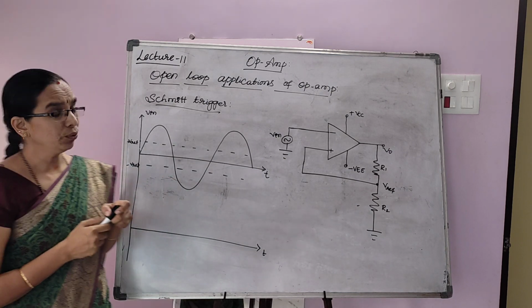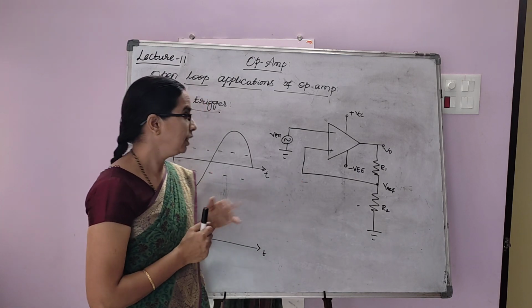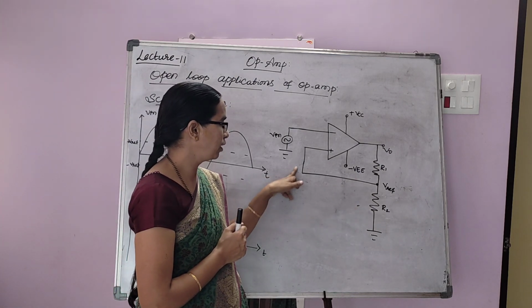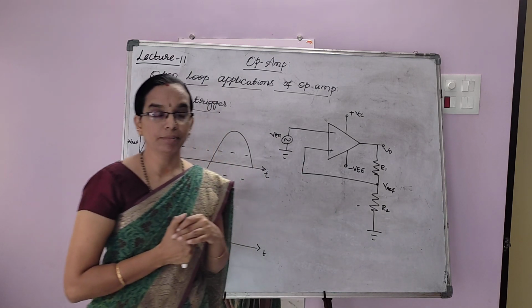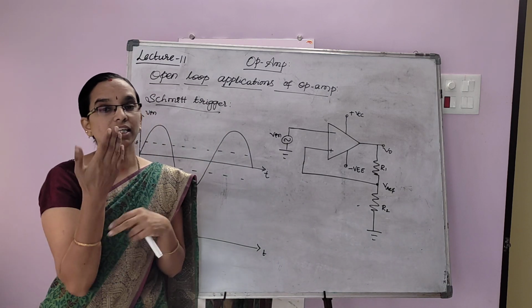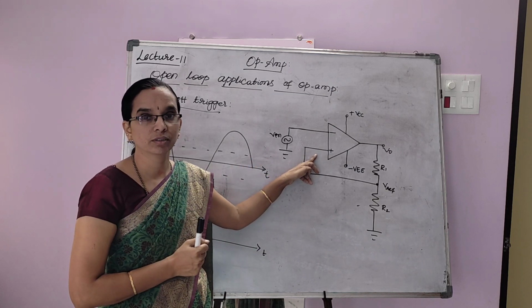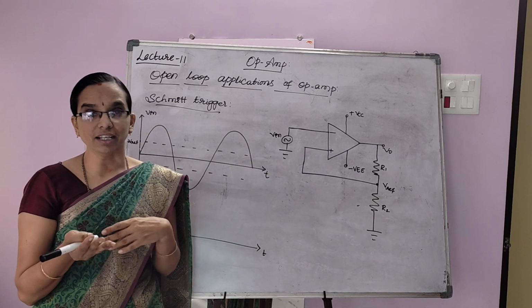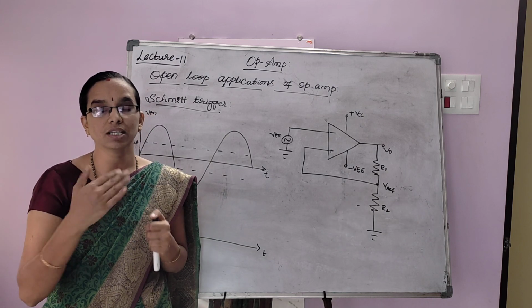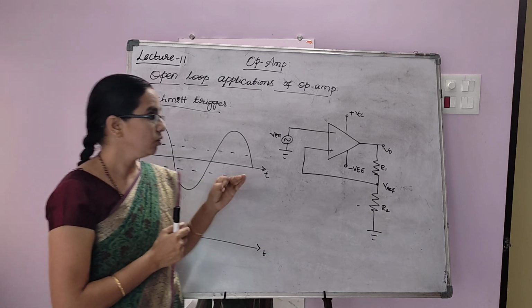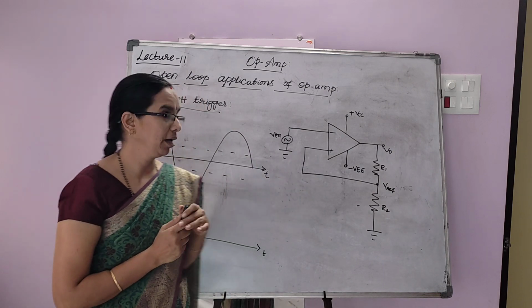Here it will do the duty of comparison only, but with a little modification: we have given positive feedback to the comparator. You can call it a regenerative comparator, because the output is fed back to the input, which will increase the gain of the op-amp actually. That is why it is called regenerative. You will study in the next chapter what regenerative and degenerative mean, so just know the name, regenerative comparator.